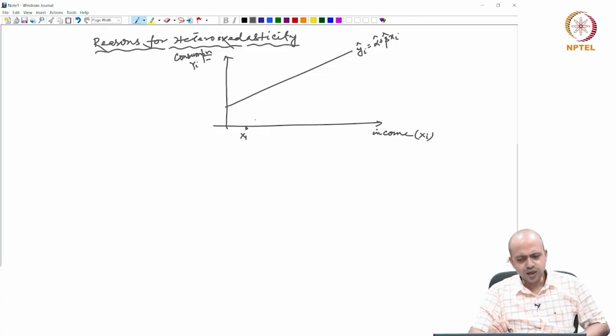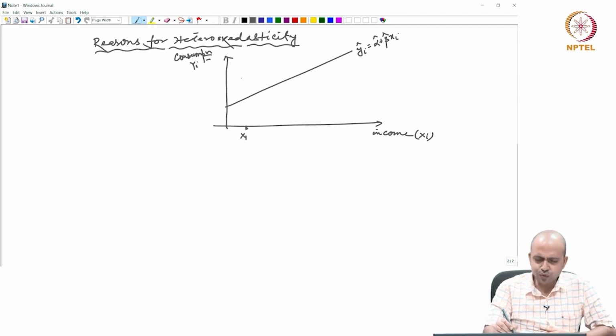So, for a given value of x at the level say x1, you will see that some individuals' values will lie exactly on the line, that means you could exactly predict their consumption, while some individuals' actual consumption will lie above the line, and some below the line. So, that means you will have a range like this.